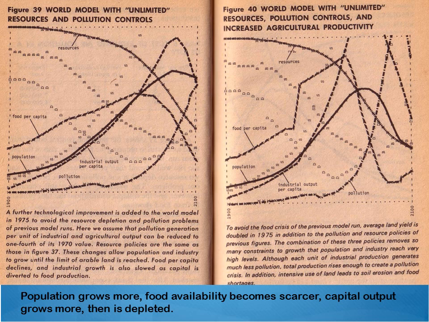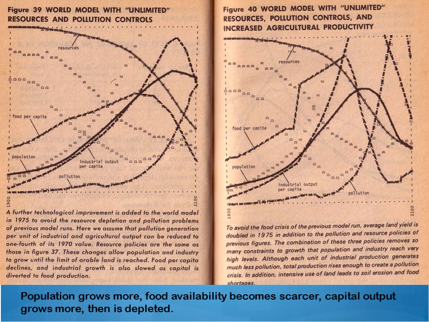Essentially, the outcome of this is that the population grows more, and food availability becomes scarcer because you have population growing uncontrollably, since there's nothing to impede it. There's plenty of resources, there's plenty of food because you can produce it, but as population starts growing, it will overtake food production capability.